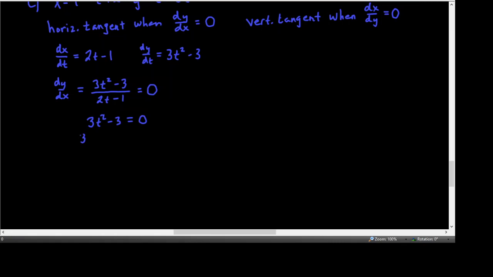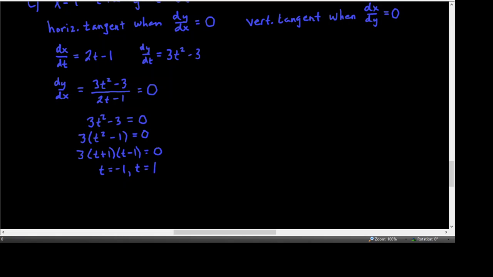If you factor out the 3, you're left with t squared minus 1. Factoring that, you get t plus 1 times t minus 1. And that's when t equals -1 and t equals +1.